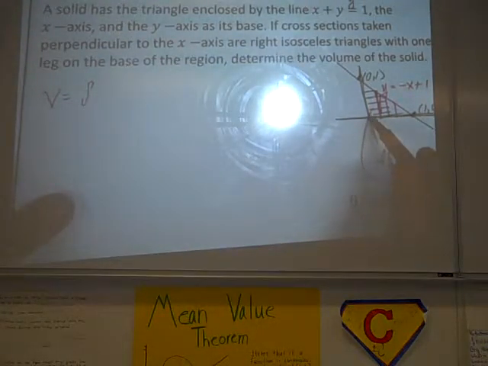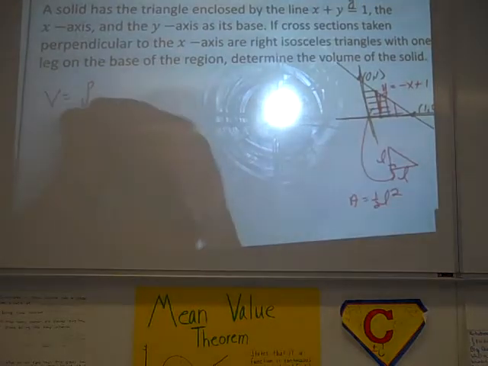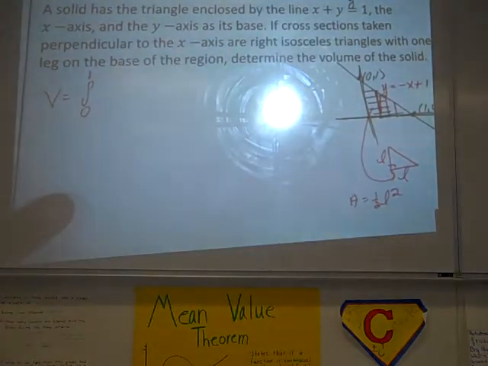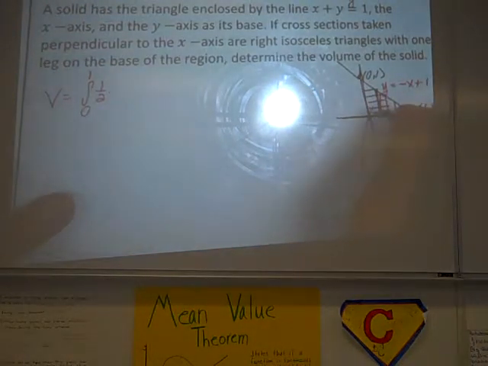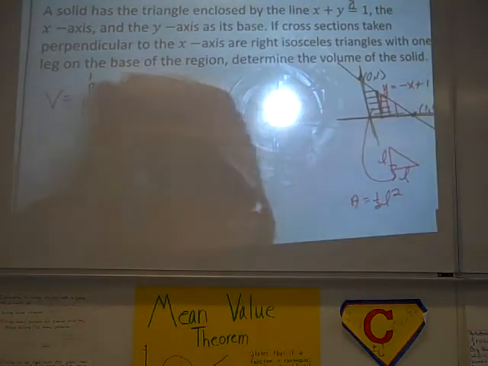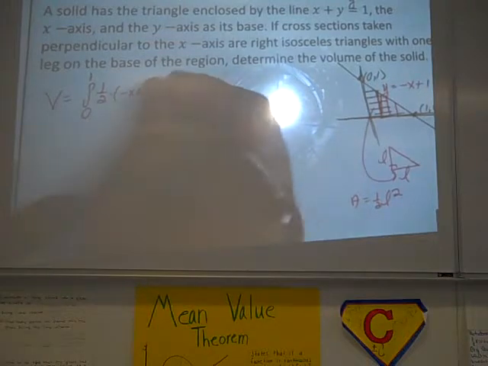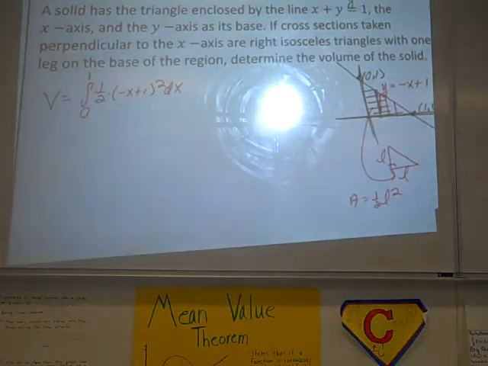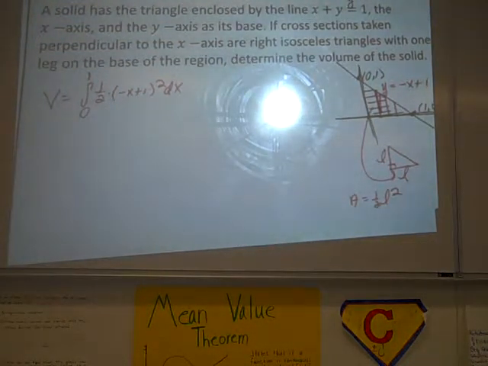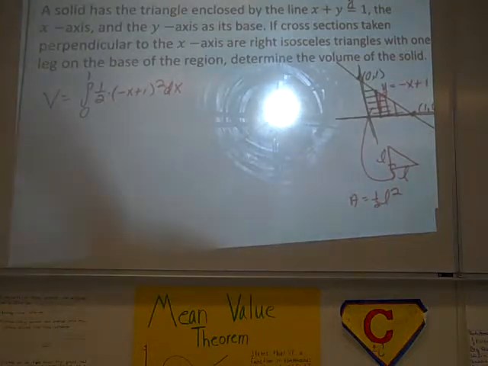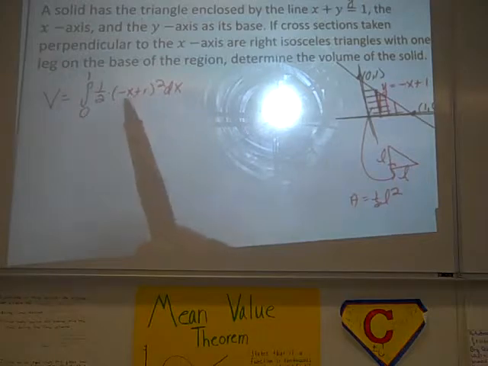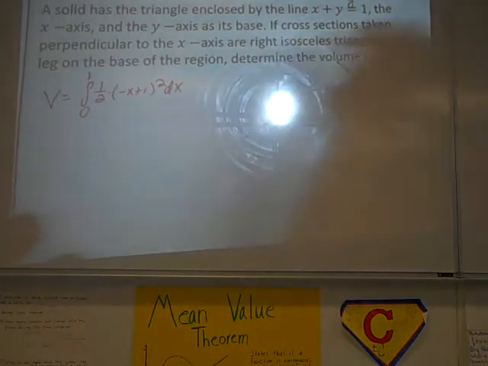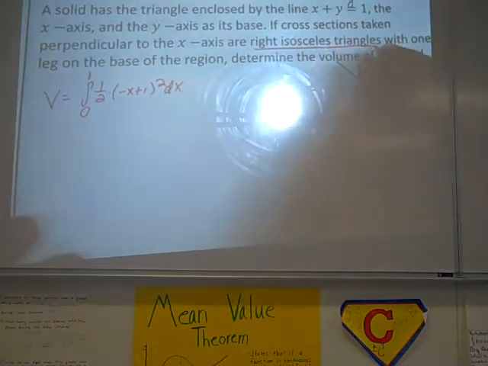We start at the y-axis, we go to the point (1, 0). 1/2 times L, which we just said was the distance from the x-axis to the line, so that'll be negative x plus 1, the whole thing squared, dx. Notice there's no pi in front here because we're not doing a volume of revolution. This is our volume set up for the right isosceles triangle.